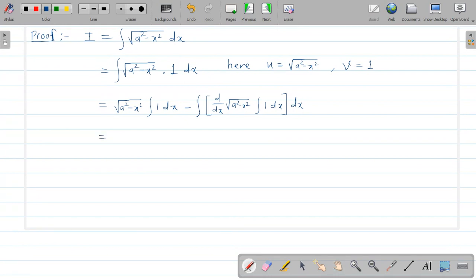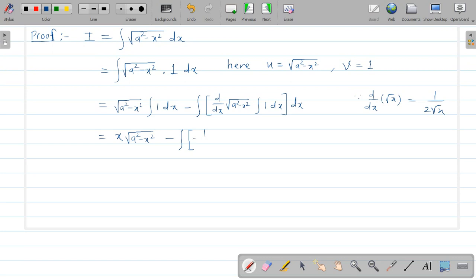Now what will be the next step? Here integration of 1 is x, so we can write the term as x into root of a square minus x square minus integration. Now in this square bracket, what is the derivative of root of a square minus x square? We know that derivative of root x is 1 upon 2 root x. So by that rule I will write here the derivative of root of a square minus x square.